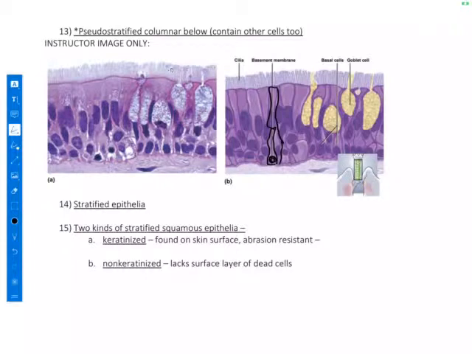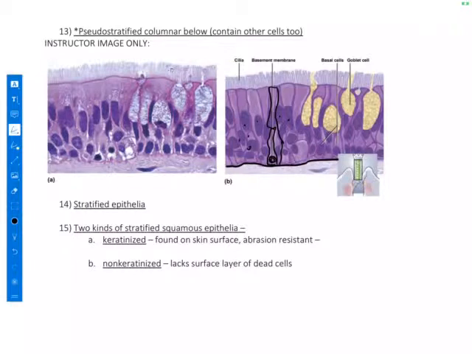And so all of the cells will touch the basal surface, but not all reach the apical surface. There are nuclei at several different levels or heights.